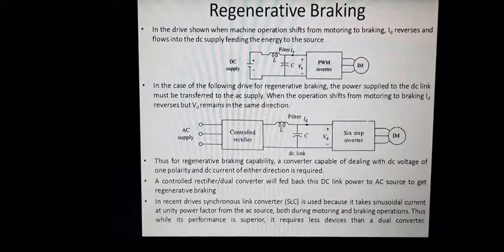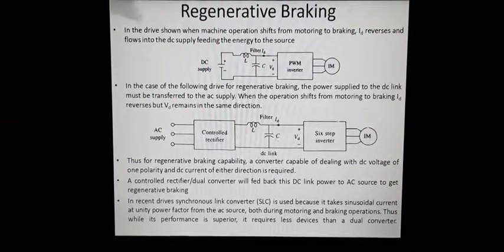Only difference is the current polarity has been changed. Okay, so don't get confused. Rather than using a control rectifier, you can use a dual converter also here. This dual converter also will help to feed back this DC power into the AC supply.